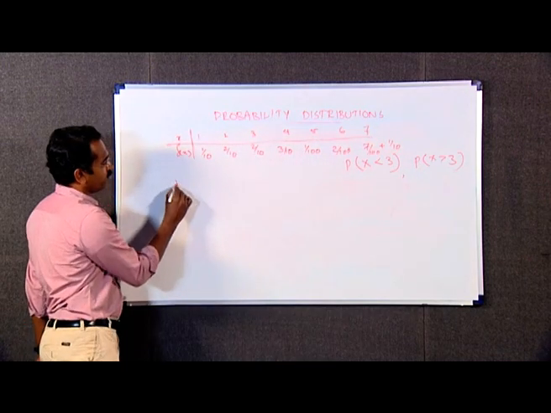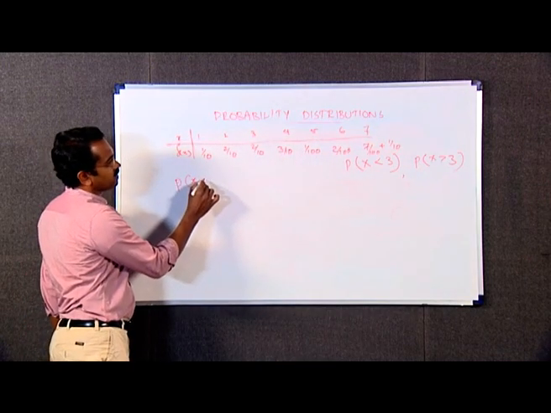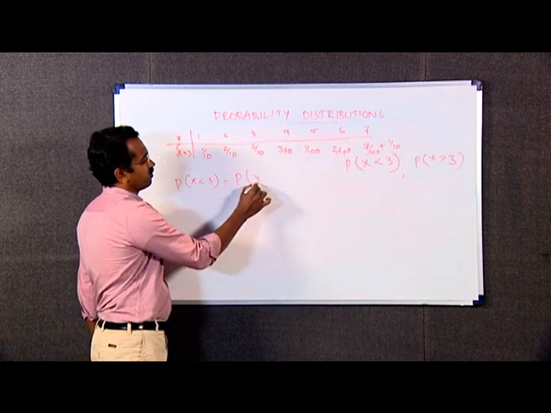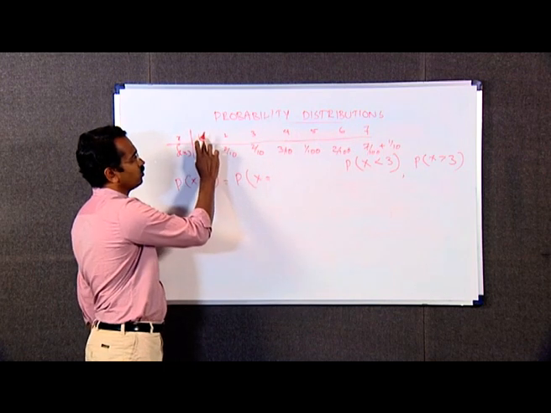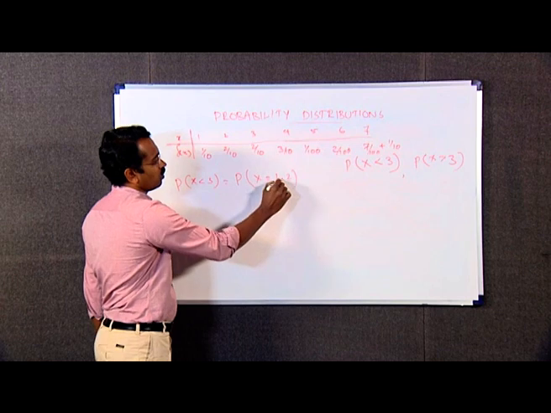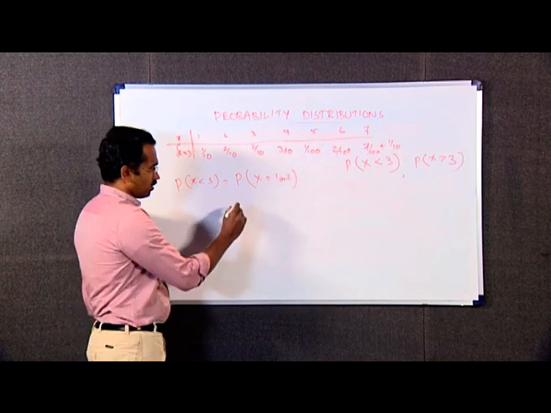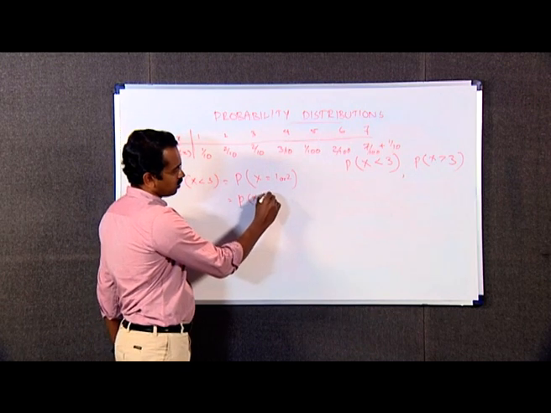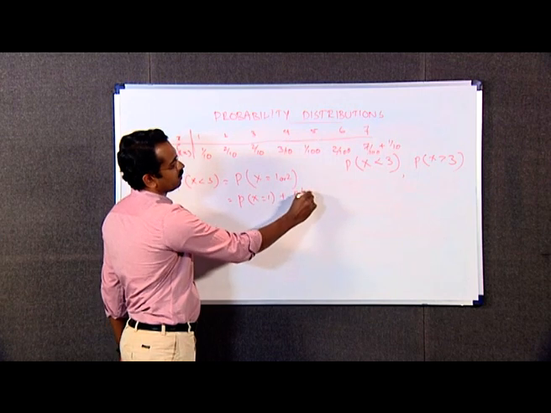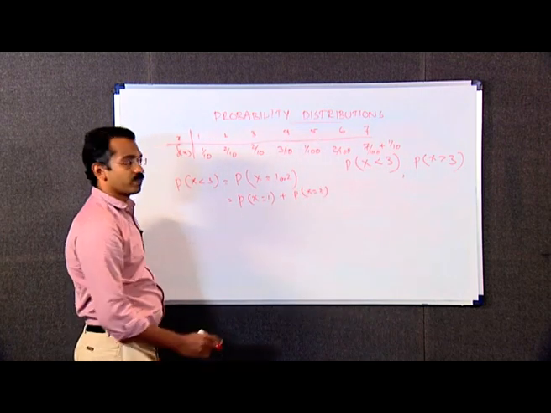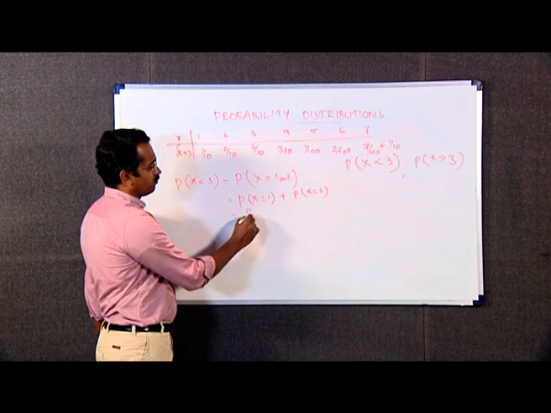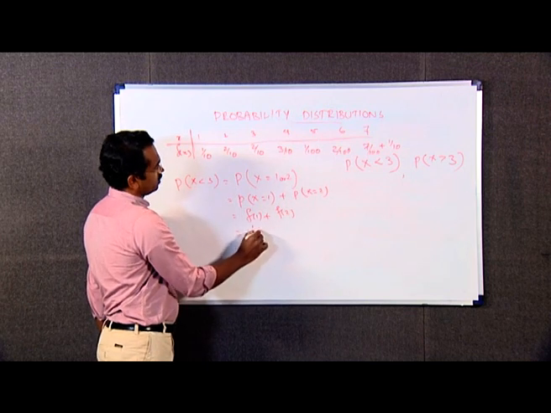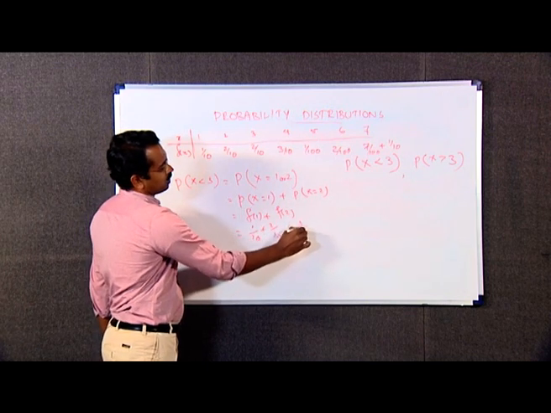First one is P of x less than 3, that is probability of x equal to 1 or 2, which is equal to probability of x equal to 1 plus probability of x equal to 2, that is f of 1 plus f of 2, which is equal to 1 by 10 plus 2 by 10 is equal to 3 by 10.